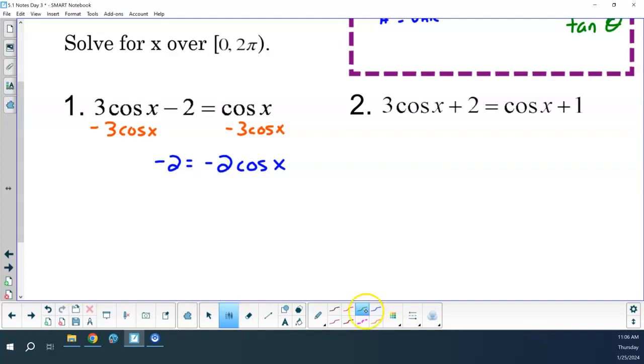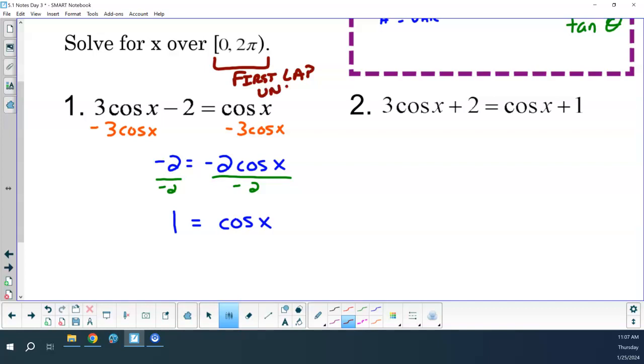Divide by negative 2. So we would divide both sides here by negative 2. So then that's going to give me 1 equals cosine of x. Do you agree with me on that? Okay. So once I have that, now I go to my first lap of the unit circle.